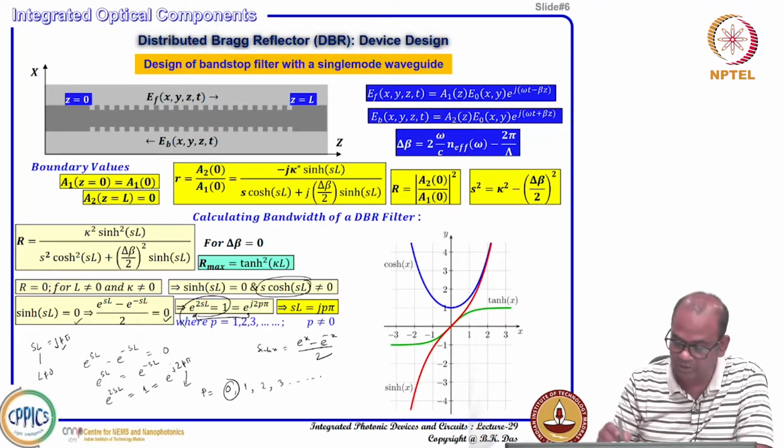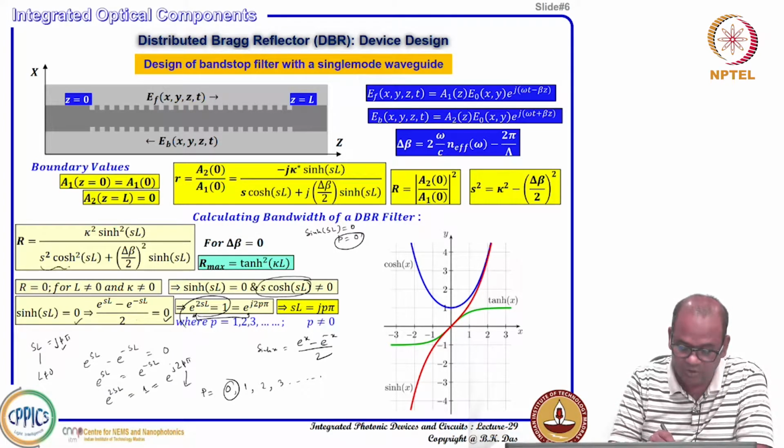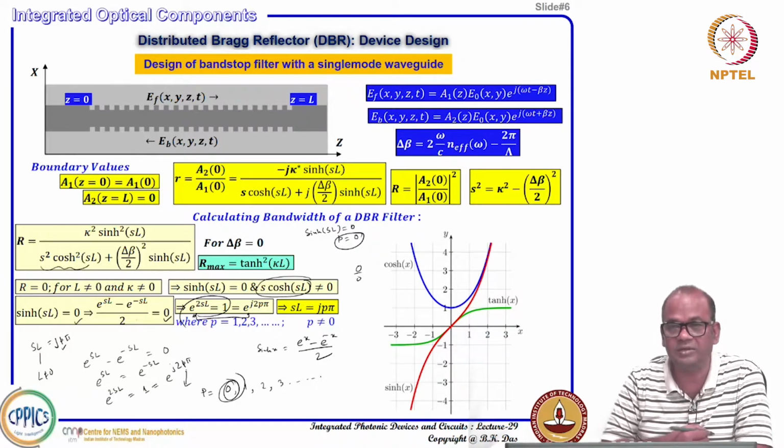So, while choosing p equal to 0 and for sinh(SL) to make 0, if you choose p equal to 0, then simultaneously this value will also become 0. So, that means 0 by 0 will come. That is the reason p equal to 0 should be omitted, because that value becomes indeterminate.